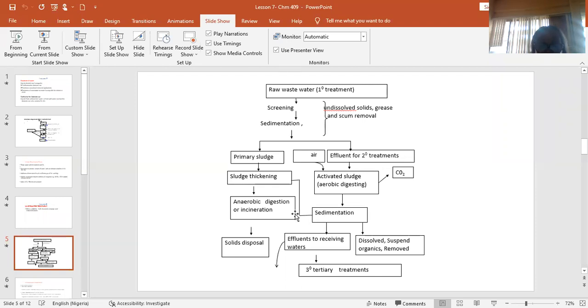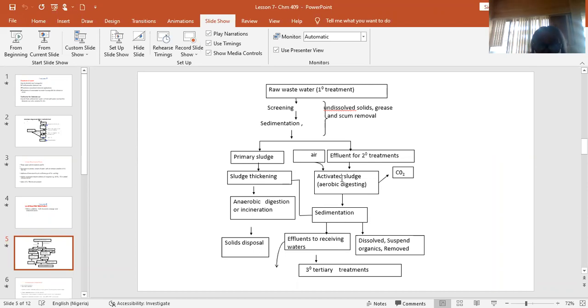So this sludge is now taken to the primary sludge as well. So you have the first sedimentation taken to the primary sludge, the second sedimentation also to the primary sludge. All right. I'll talk about this later on, but let me continue here.